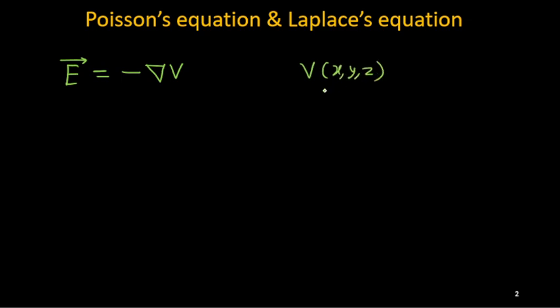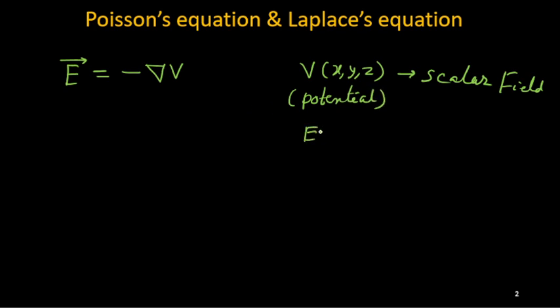It could be a function of x, y, z in the rectangular coordinate system, in cylindrical rho, phi, z, and in spherical it will be r, theta and phi. But this is a scalar field, this is a potential, whereas E is a vector quantity, a vector field.